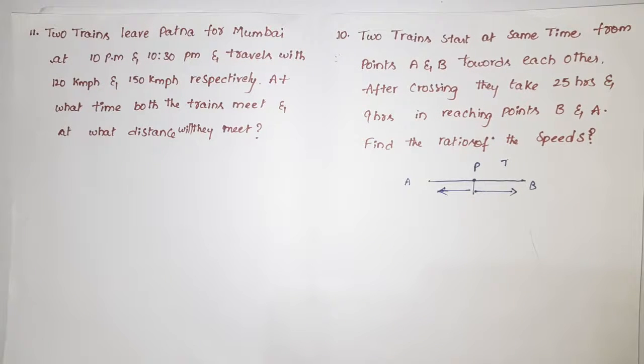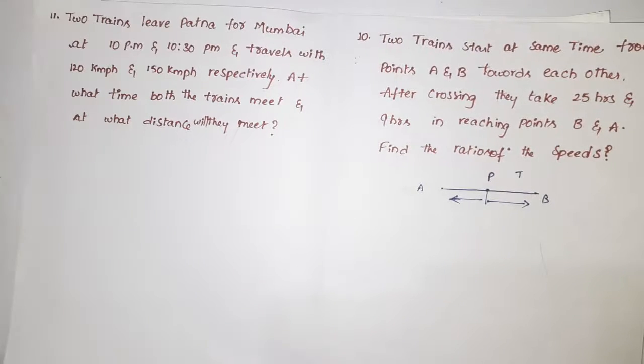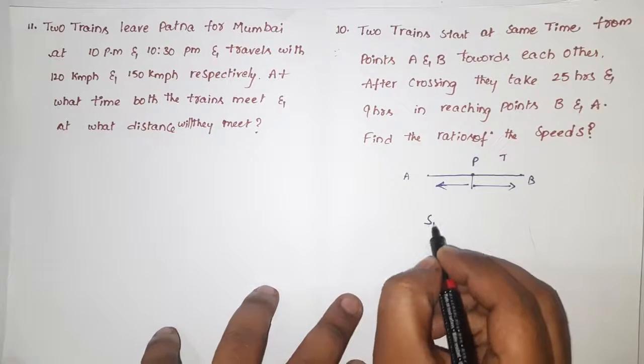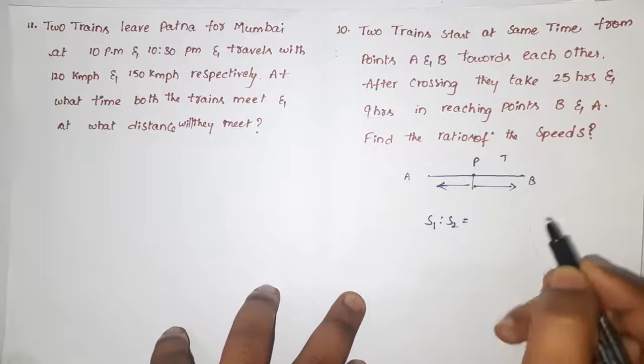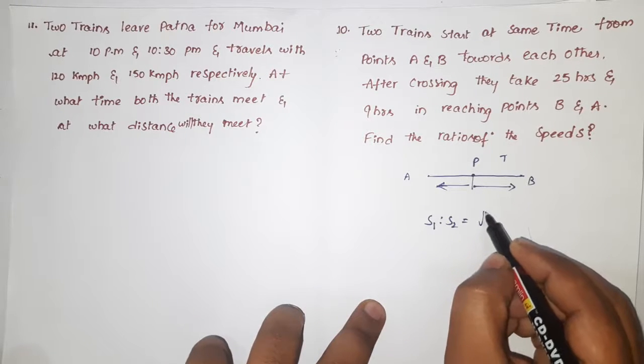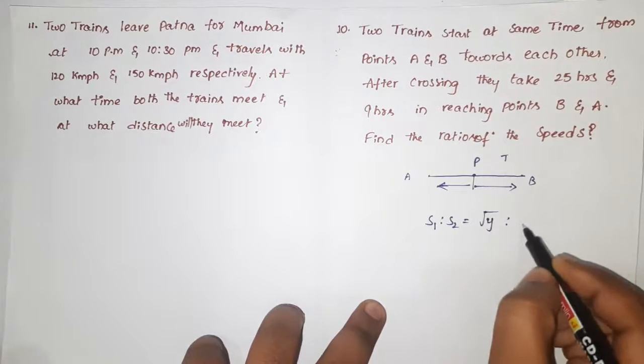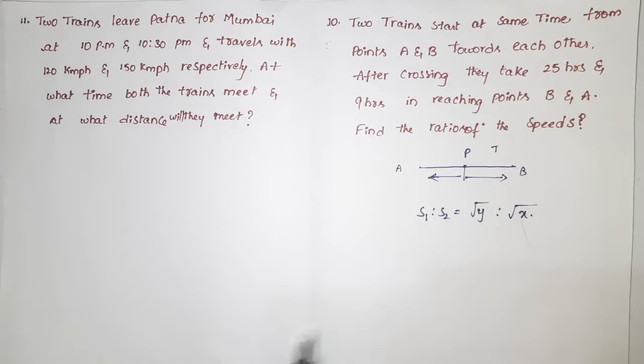For this kind of problem there is a shortcut. If two trains are moving towards each other with speeds s1 and s2, and after crossing each other they finish their remaining journey in x hours and y hours respectively, then the ratio of their speeds is s1 is to s2 equal to square root of y is to square root of x.